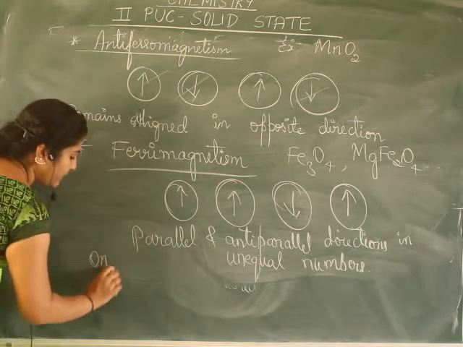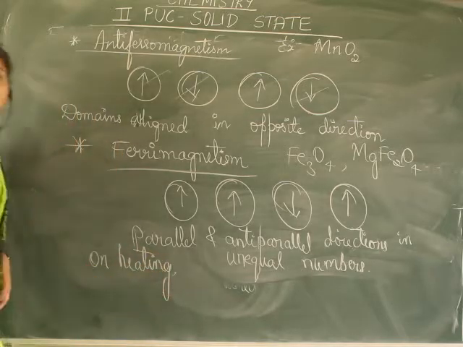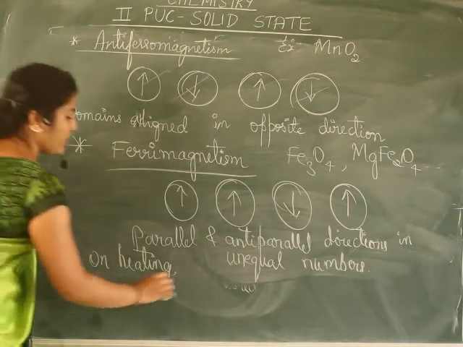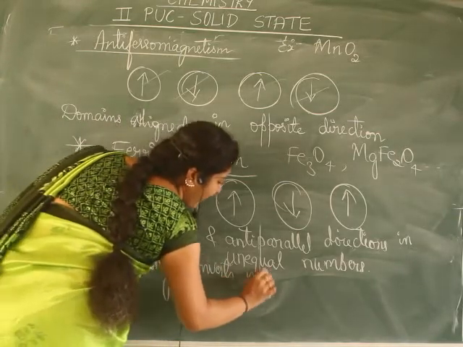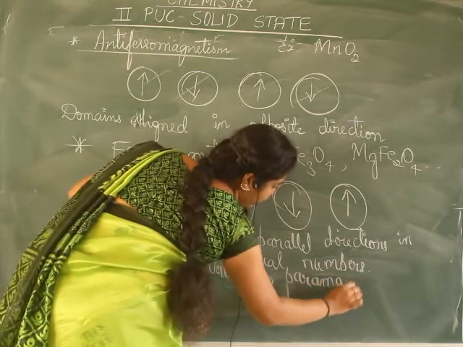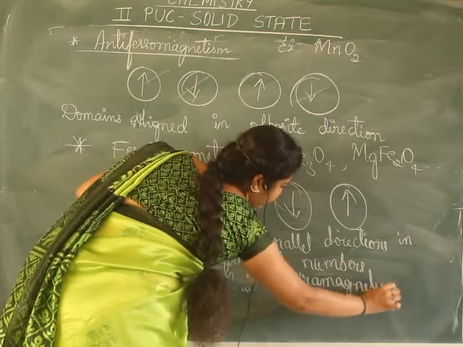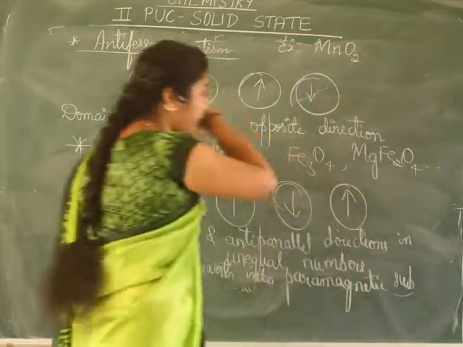On heating, it gets converted into a paramagnetic substance. That's about the magnetic properties.